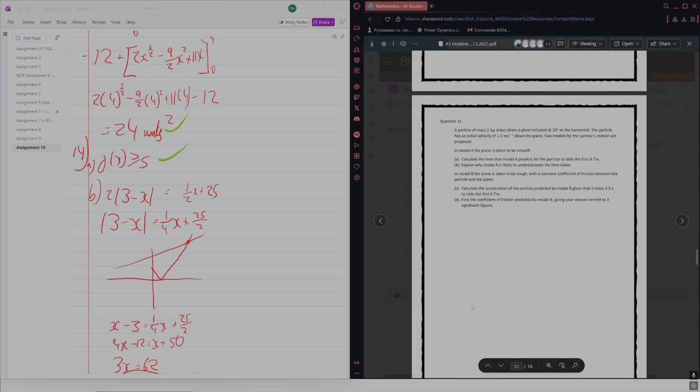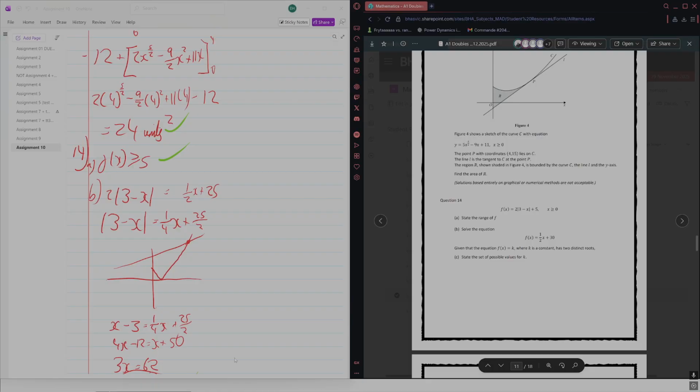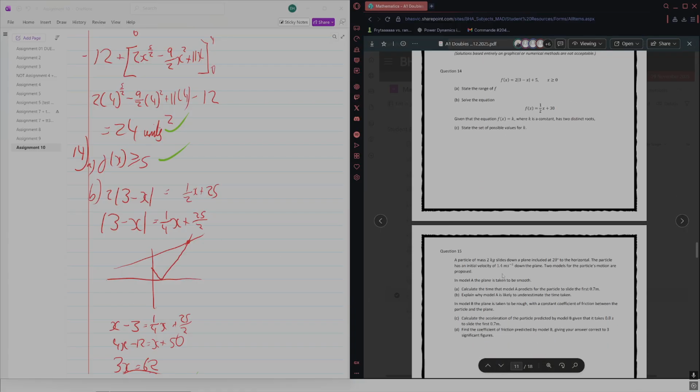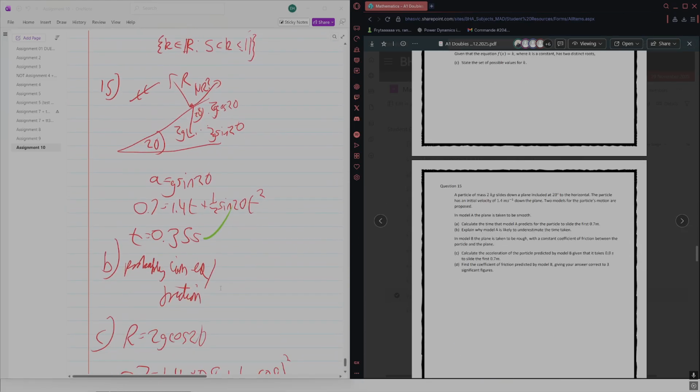Yeah, because it's going to be a graph like this, so you just find at what points the line intersects twice. Alright, you can tell I'm getting a bit tired, but it's fine.